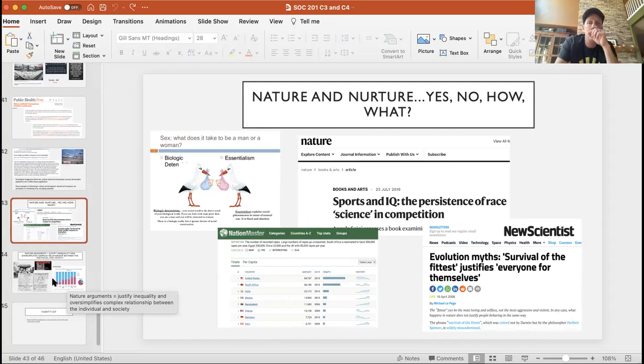So the reason for this is that sometimes we can get into biological determinism. It's the view that biology determines a person's lot in life or determines particular things. Males are better at math, just naturally. This is a biologically determinist viewpoint. The reality is that that's not true.